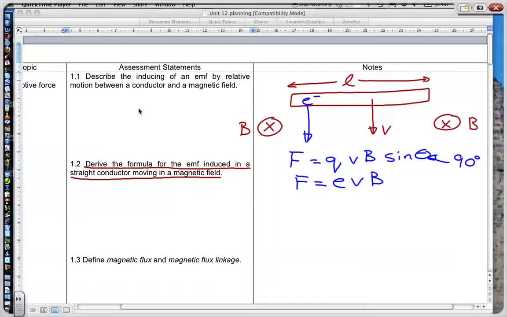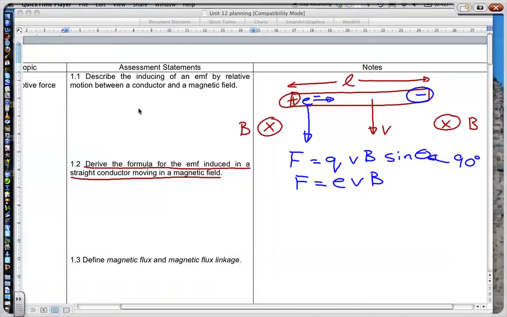The fingers will go in the direction of the magnetic field, so the force on a positive charge would be to the left, and therefore on an electron would be to the right. So it would have these electrons all moving over. So if this was a piece of wire, we'd actually get a negative charge on this side and a correspondingly positive charge set up on this side, and it would set up an electric field.